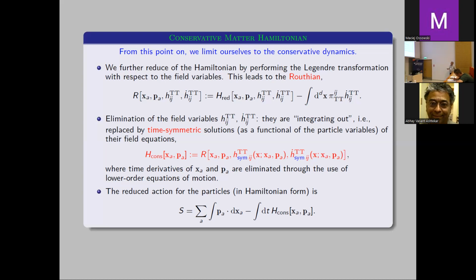How to do this? There are several stages. The first one is to go to the Routhian. The Routhian is defined here. It is the function which is Hamiltonian with respect to the matter variables and Lagrangian with respect to the field variables. And it is defined in a usual textbook way.